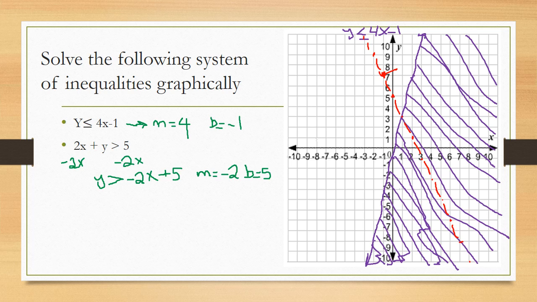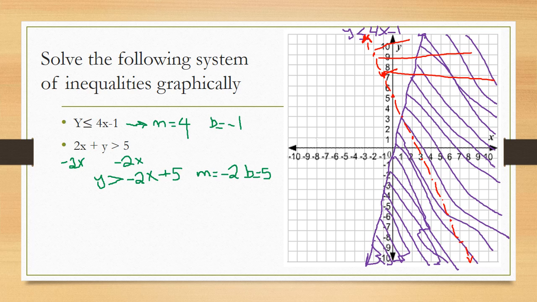The shaded area is supposed to be above the line since we have greater than. When we have y greater than, that means the y-axis should point to the top. So in this case, greater than is this side.